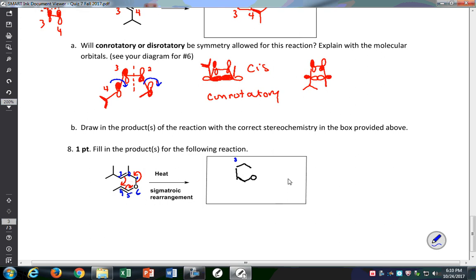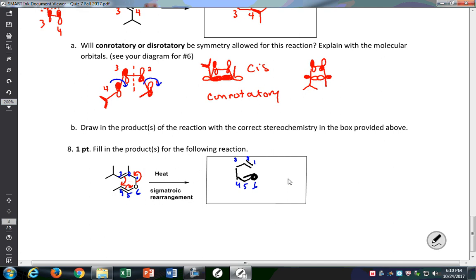Here's 3, here's 2, here's 1, 4, 5, 6. So we have a new sigma bond between 3 and 4. Our double bond is now between 5 and 6, or 5 and oxygen. And our other double bond is between 1 and 2.